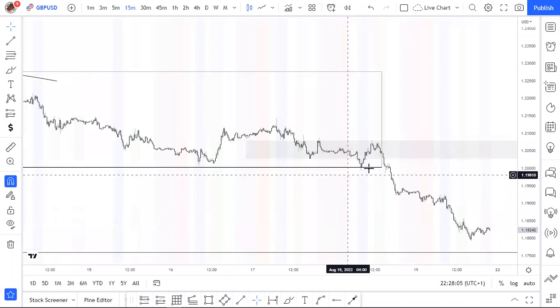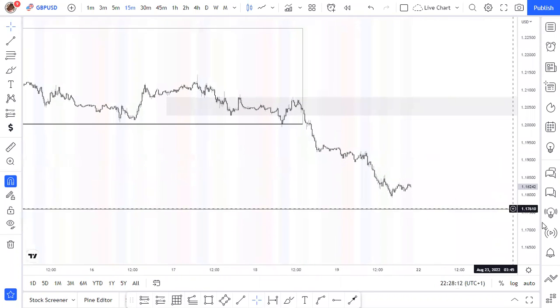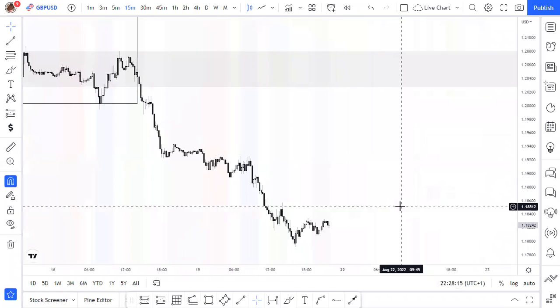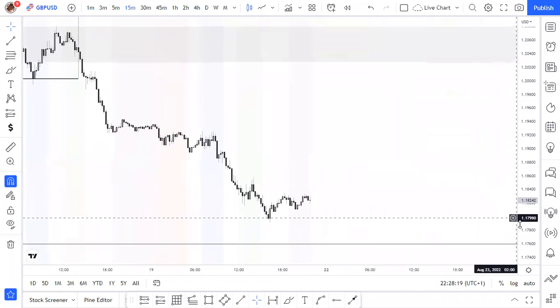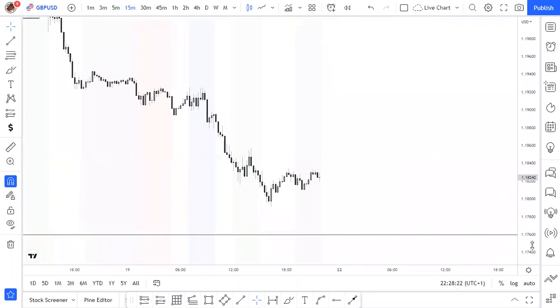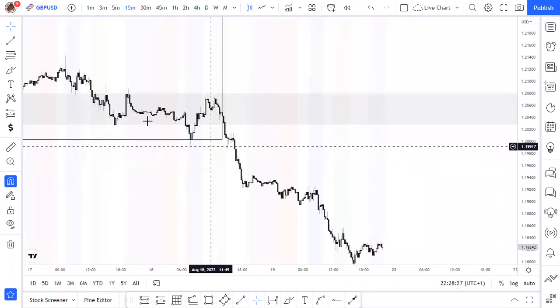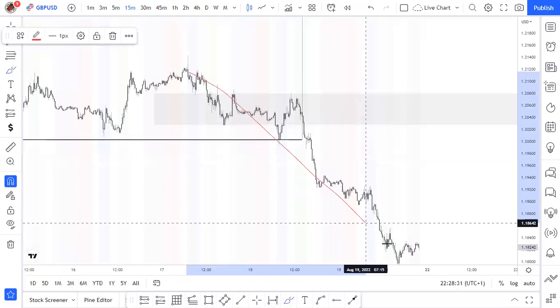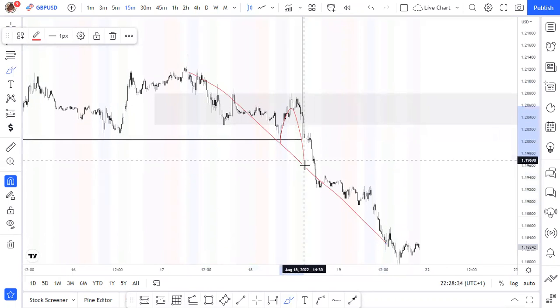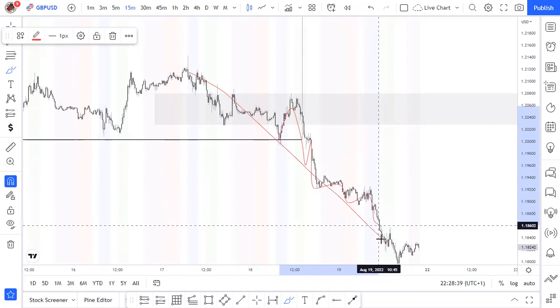Here on the 15 minutes, we can look at this as our structure right here, because we can see that this full push phase, this full 4 hour push here, we can see some kind of bearish market structure that's following the 15 structure.